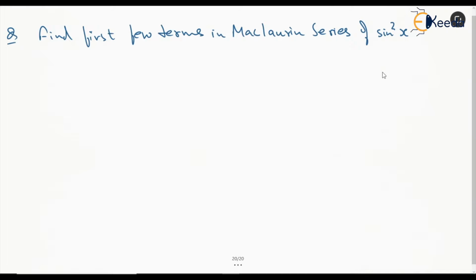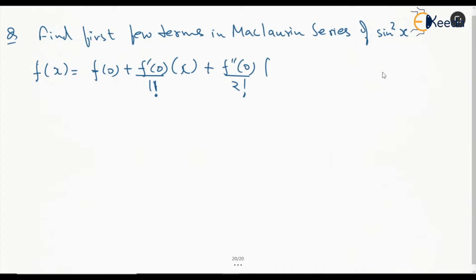And this function is given as f of x is equal to f of 0 plus f dash of 0 by 1 factorial x plus f double dash of 0 by 2 factorial x square plus third derivative at 0 by 3 factorial x cube and so on, right? So this means we need some of the derivatives here.